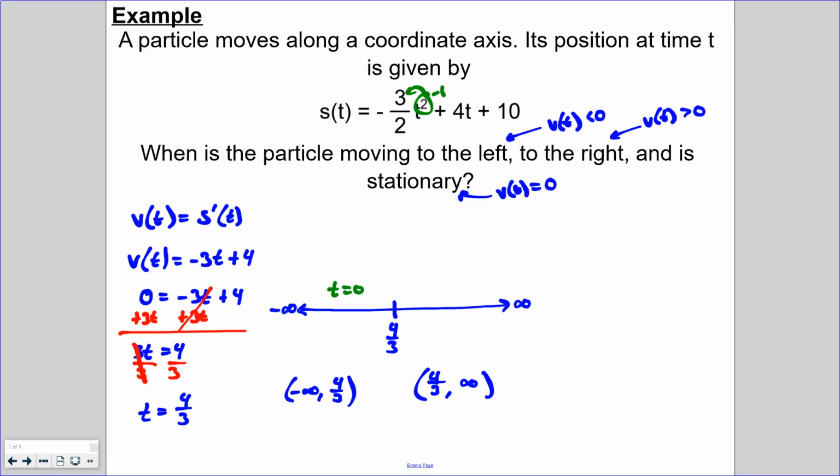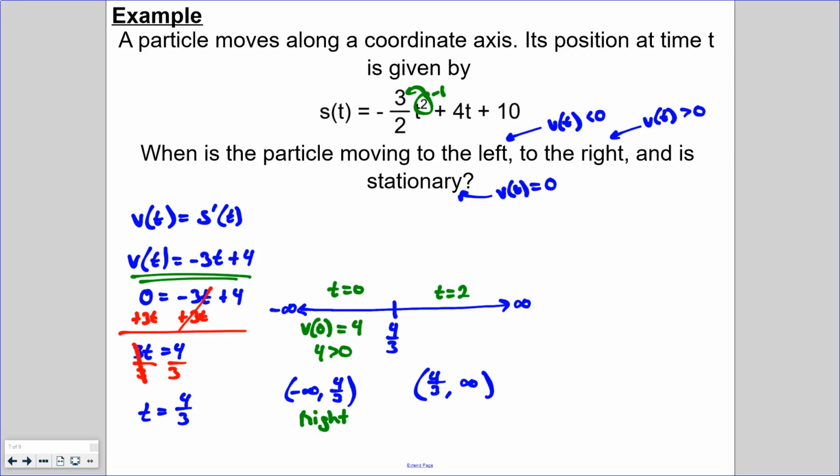And in my second interval, I'm going to choose t equals 2. Now, I'm going to plug these t values into the velocity function. And when I plug in 0, so v of 0, that's going to give us a value of 4. And we can see that 4 is greater than 0. So that means over the interval from negative infinity to 4/3, we are going to be moving to the right.